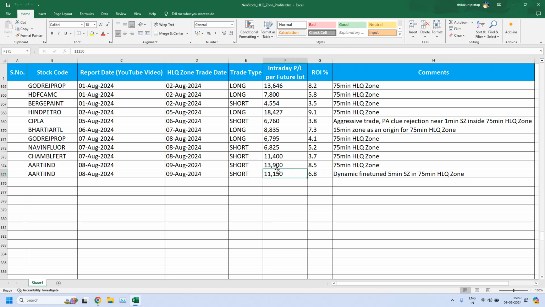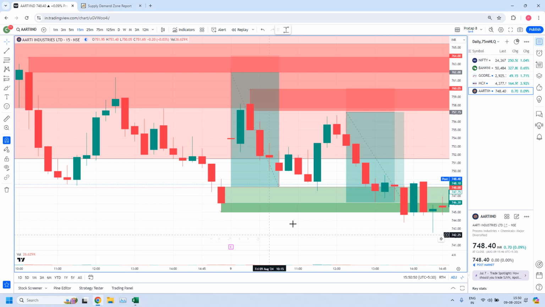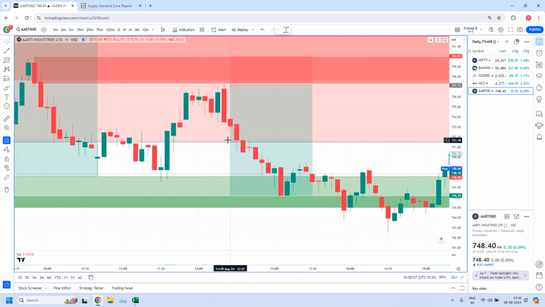So excellent trade today. The morning first hour itself, the first few minutes we got the trade, and by 10:30 the trade is closed. At 10:30 candle, it closed. So let me move on to the 5 minutes time frame.